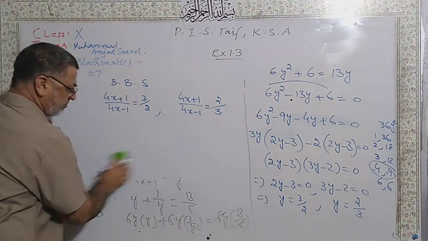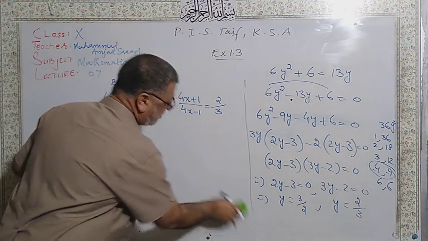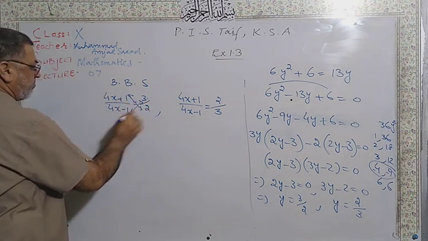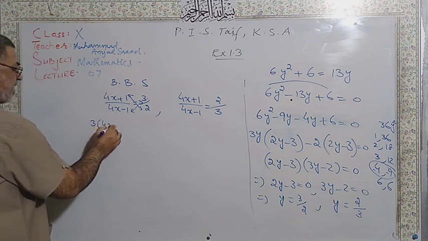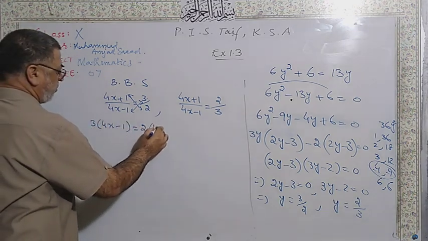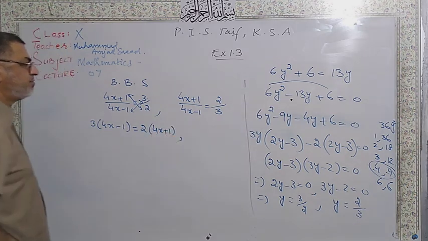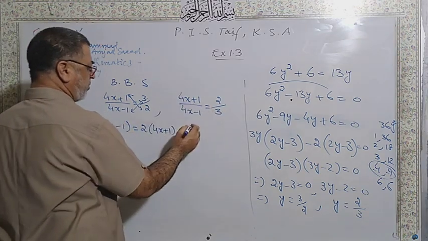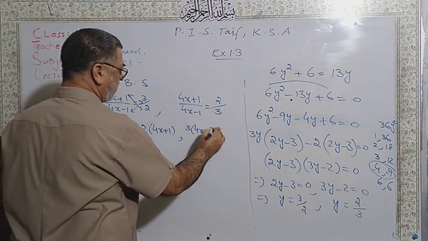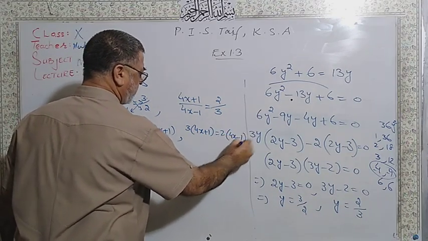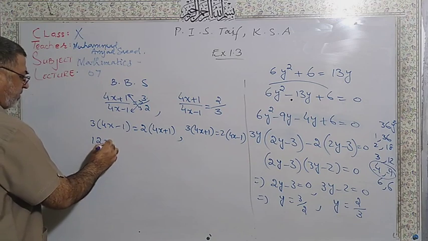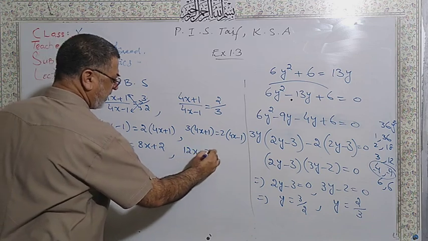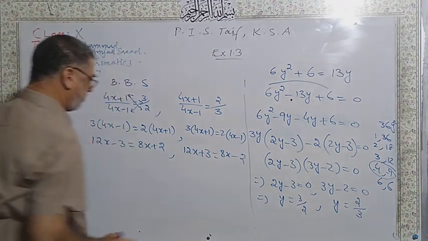Here you can check. These are the equations. You can have cross multiplication. 3 into 4x minus 1, 2 into 4x plus 1. Now you will have cross multiplication again. 3 into 4x plus 1, 2 into 4x minus 1. Multiply them, open up the brackets. 12x plus 3, 8x minus 2.